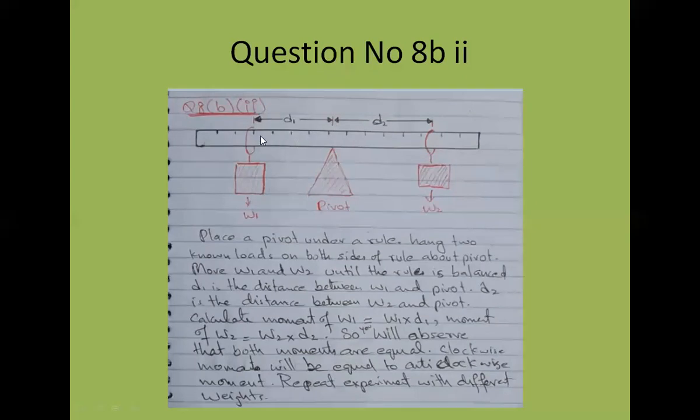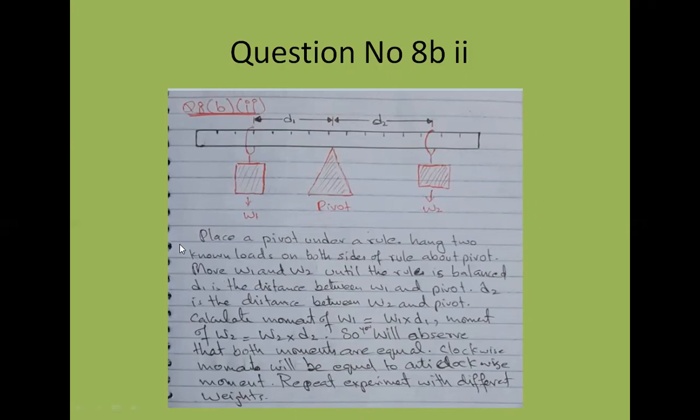The distance between the pivot and W1 is D1, and between the pivot and W2 is D2. W1 produces an anti-clockwise turning effect and W2 produces a clockwise moment. Because this is in equilibrium, both the moments will be equal to each other.